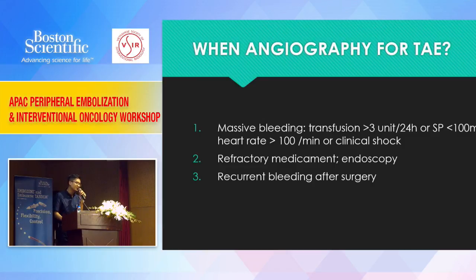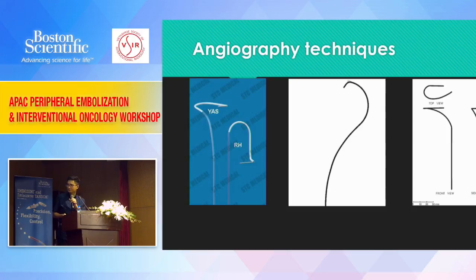The first choice when managing GI bleeding is medication or endoscopy, but sometimes with very massive bleeding we have to go very fast, directly to angiography without any delay.